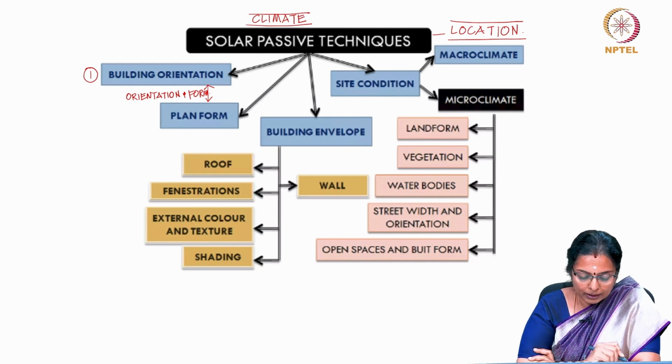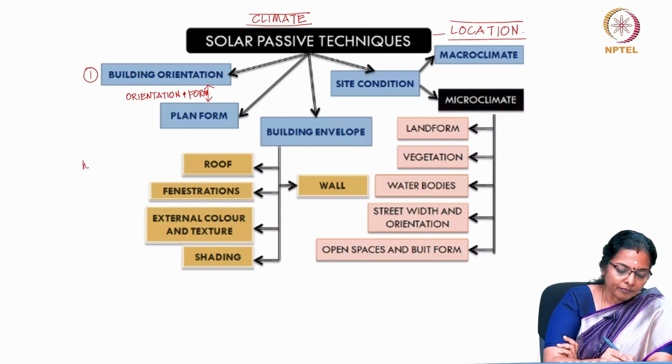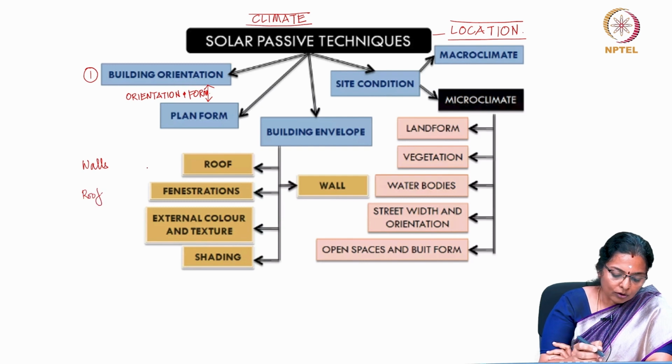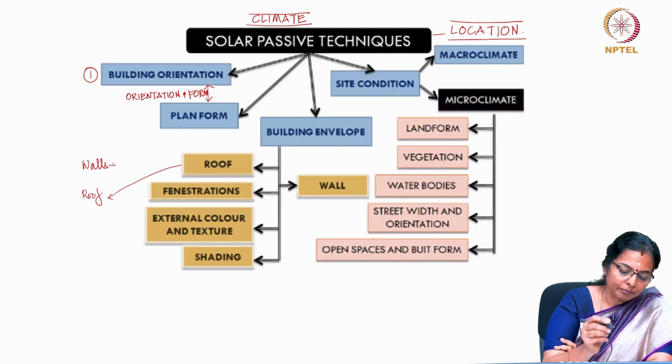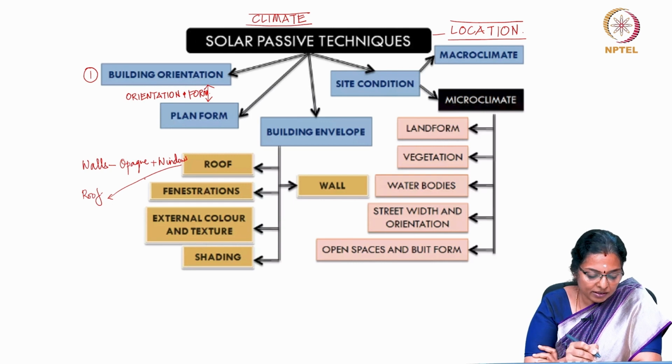Then comes building envelope. Building envelope comprises of walls and roof. Wall comprises of the opaque part and windows. Windows we call fenestration, and the opaque wall comprises of windows along with the external color and texture.